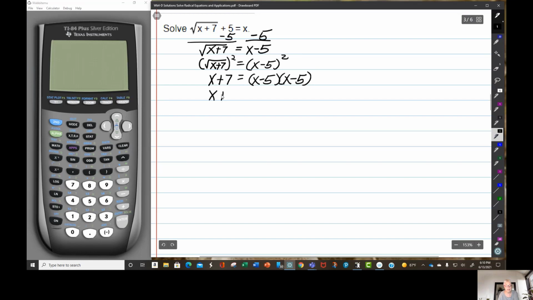So x plus 7 equals x squared minus 5x minus 5x plus 25. So x plus 7 equals x squared minus 10x plus 25.